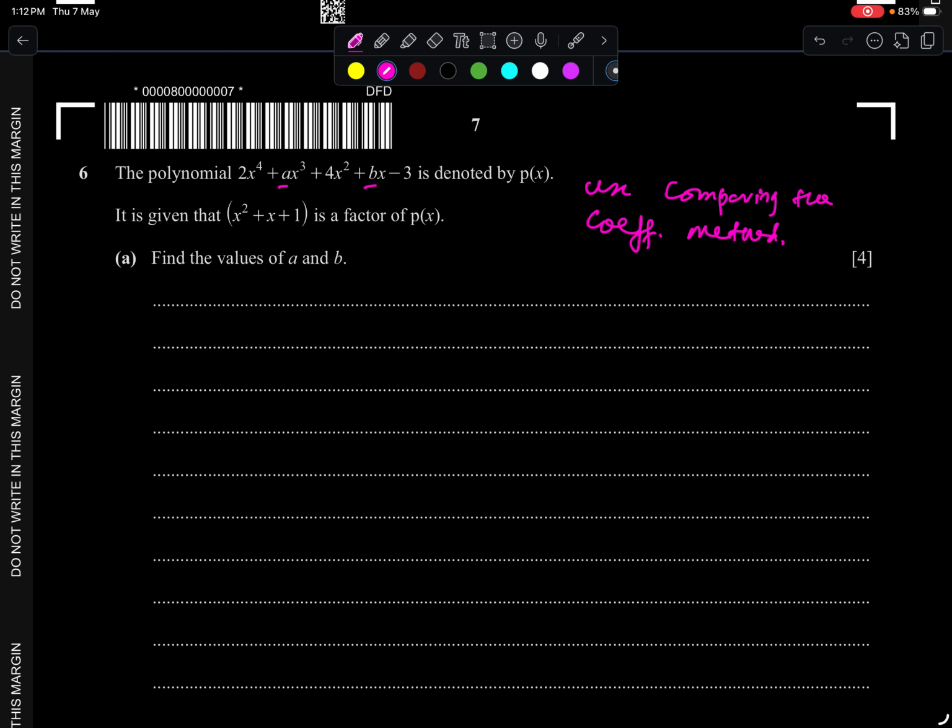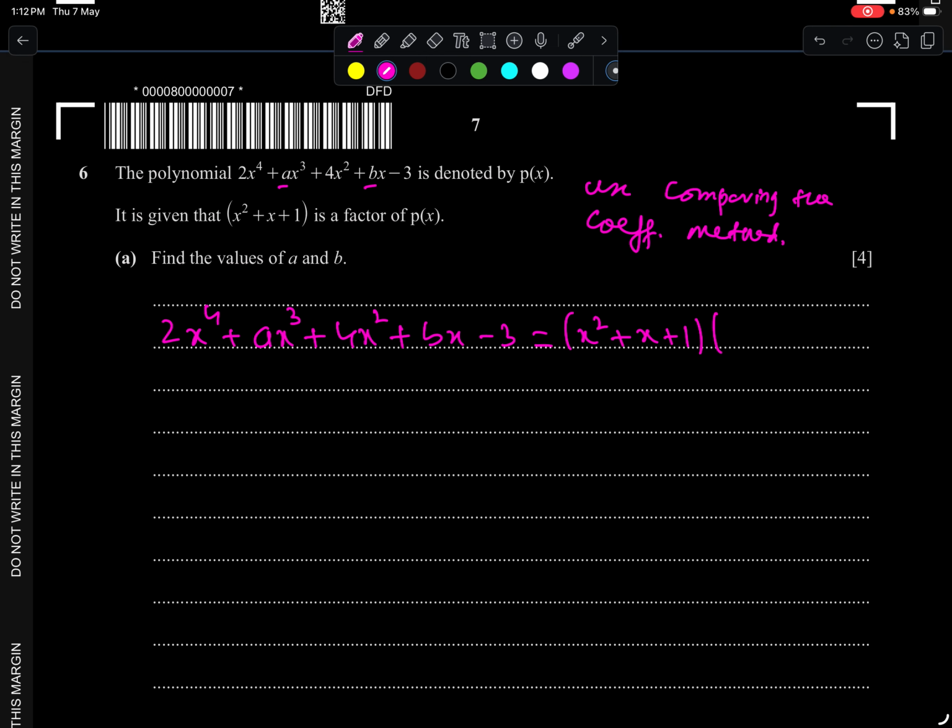Okay, let's solve this. 2x power 4, plus ax cube, plus 4x square, plus bx, minus 3. Copy the given quadratic factor, which is x square plus x plus 1.